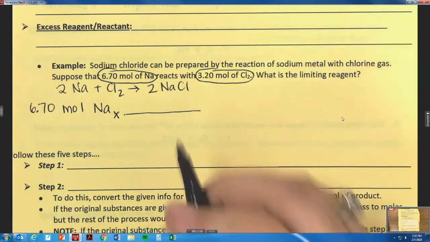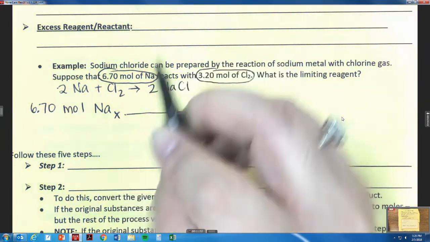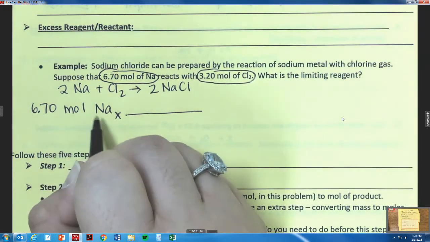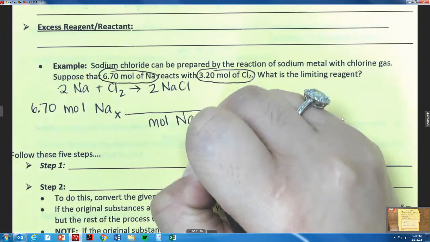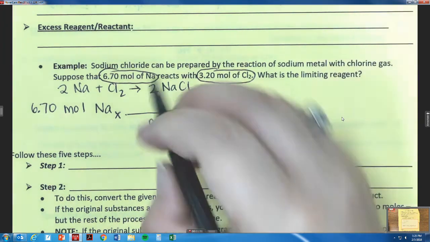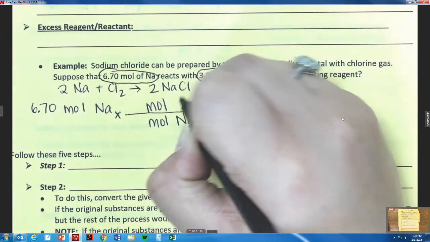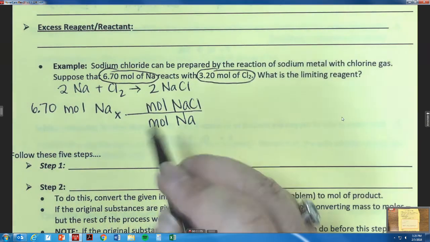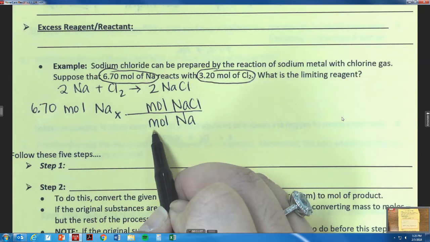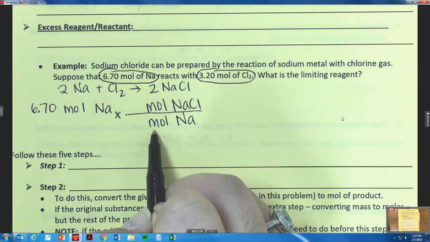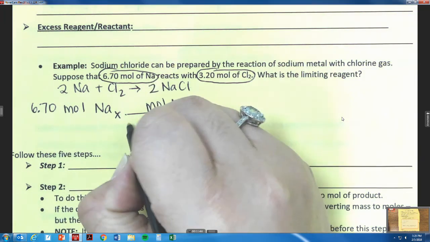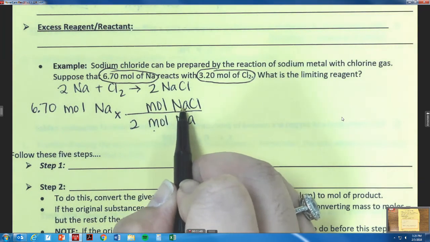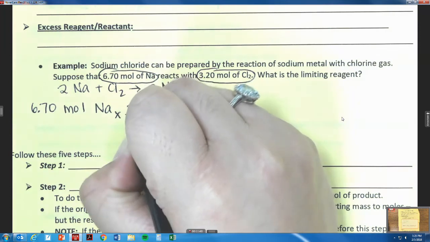For our coefficient ratio, if this is 1 mole of sodium, then on bottom is going to be 1 mole of sodium, and what we're looking for goes on top, which is moles of sodium chloride. Our coefficients come from our balanced equation. The coefficient for sodium is the number 2, and the coefficient for sodium chloride is also 2.